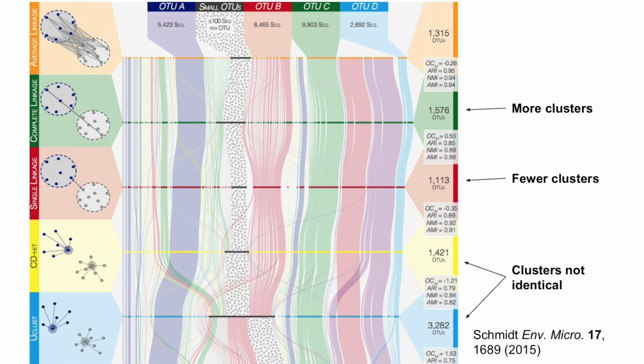Another thing, just to point out from this, is that these are two pieces of software using the same very general types of algorithm, and they don't form identical clusters, and the number of clusters is much different between those two pieces of software. So you hope that at the end of the day, this doesn't adversely affect your results critically.